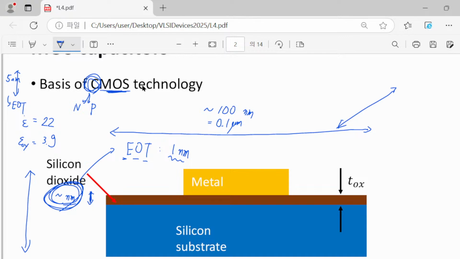Let me explain this a little bit further. Here we have a silicon dioxide layer. Unfortunately, we cannot directly attach our high-K material, hafnium oxide, onto the silicon substrate. So if we have silicon, then unfortunately we have to have one monolayer of silicon dioxide. This silicon dioxide monolayer is around, maybe not exactly, 0.7 nanometer thick.